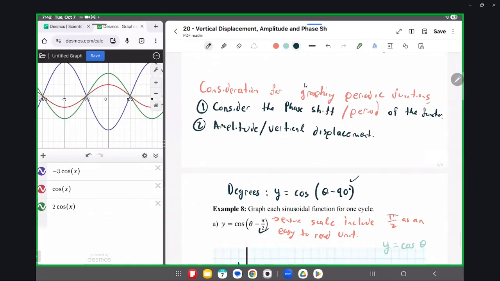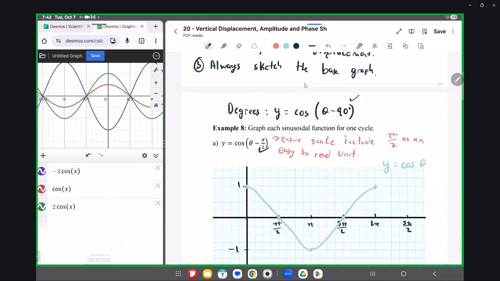In terms of my steps, we always consider the phase shift, then the amplitude and vertical displacement, and the last thing is always to sketch the base graph. It's the easiest thing to do, and it makes everything a lot easier.